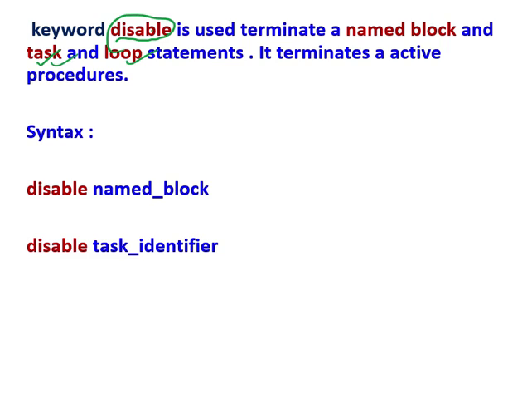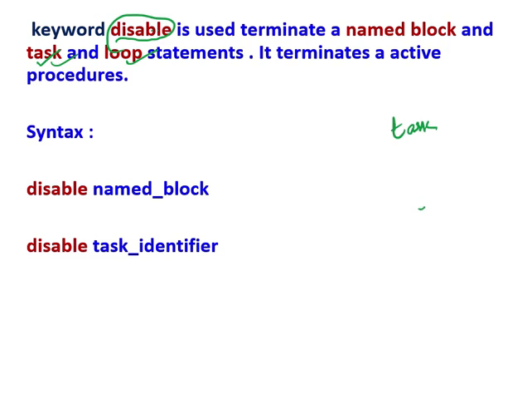So disable statements are used for parallel blocks like fork and join, then sequential blocks like begin and end.